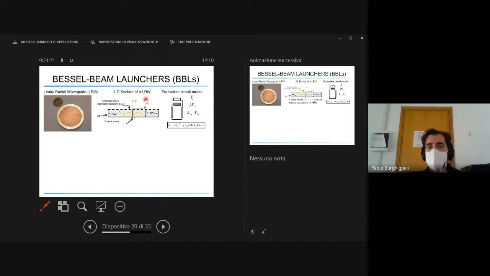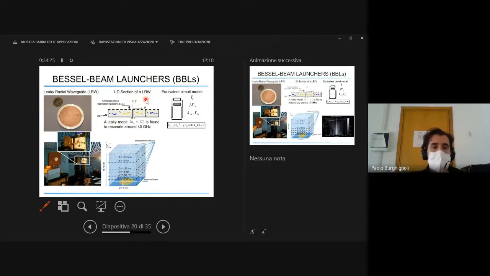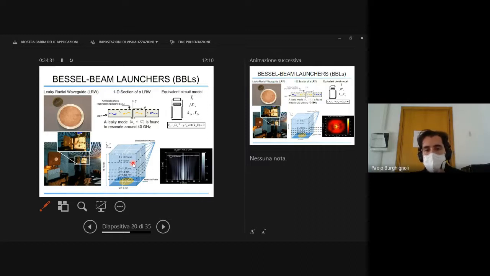We can model this structure with the transverse equivalent network, and we can show that this structure is actually capable of generating Bessel beams, as is shown here, where you can see the measurements of this device that has been fabricated in Rennes, at the University of Rennes, some years ago.